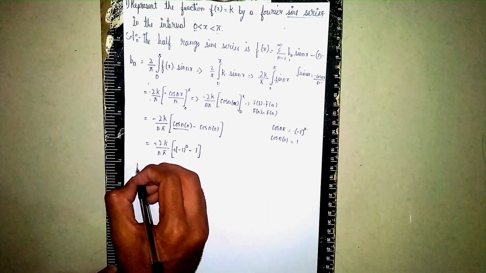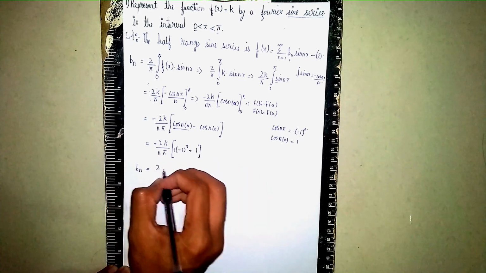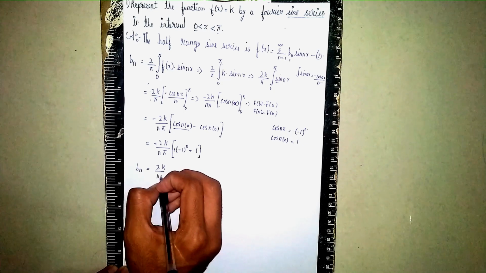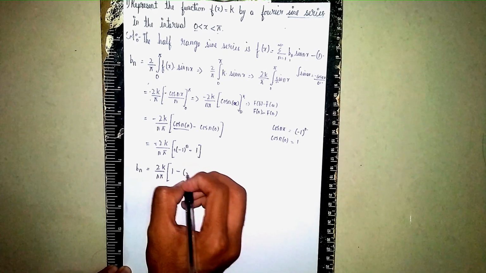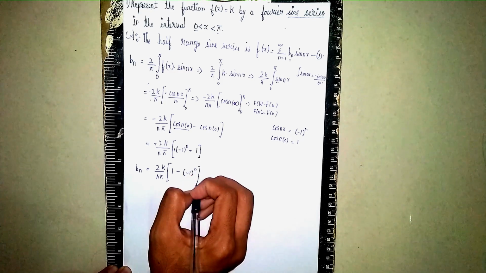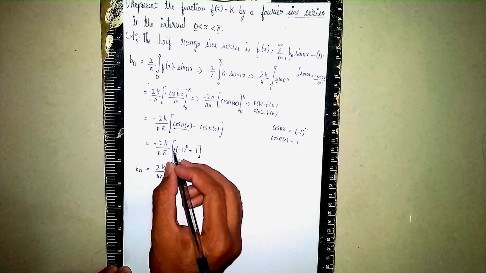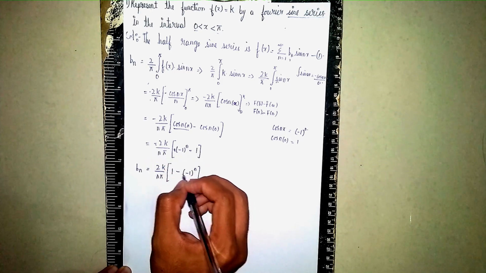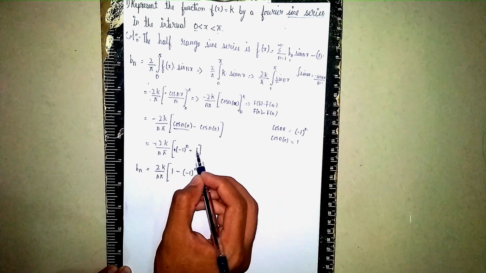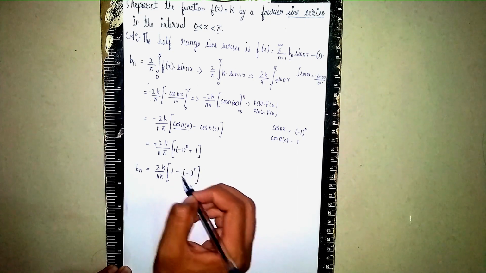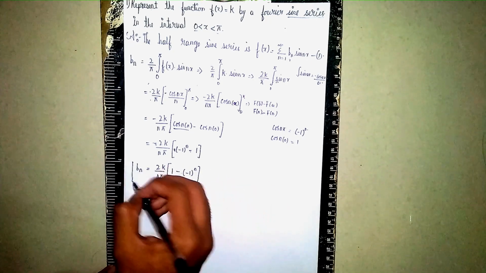So our bn value is equal to 2k by n pi, open the bracket, 1 minus minus 1 power n. Now we found our bn value.